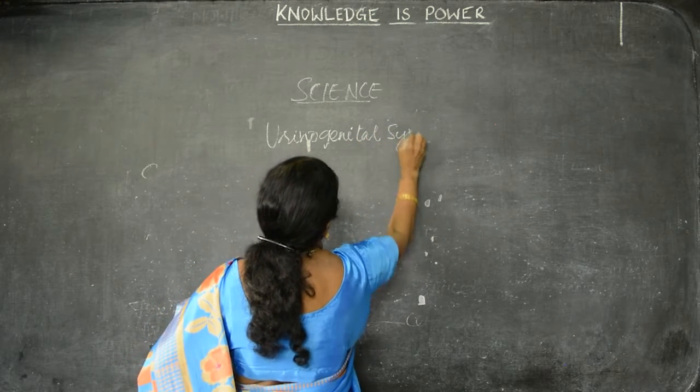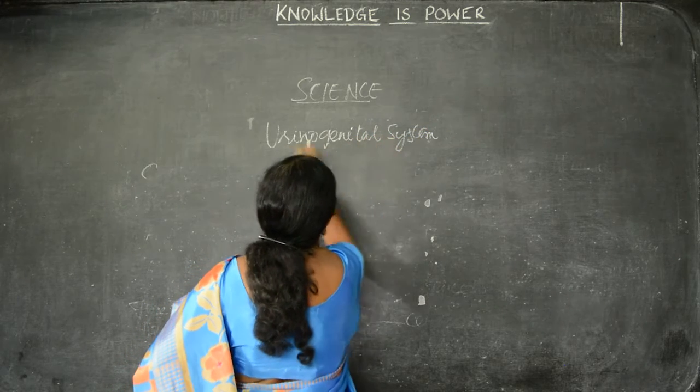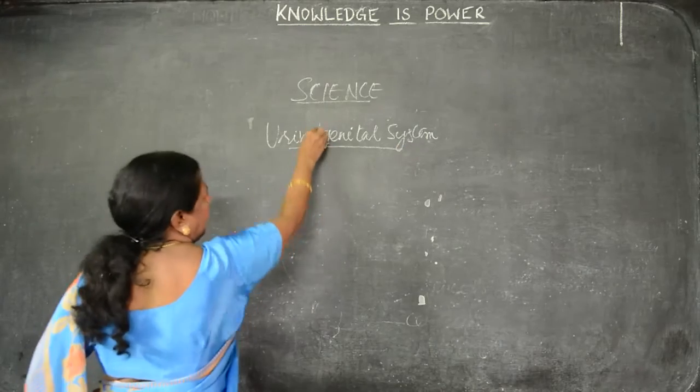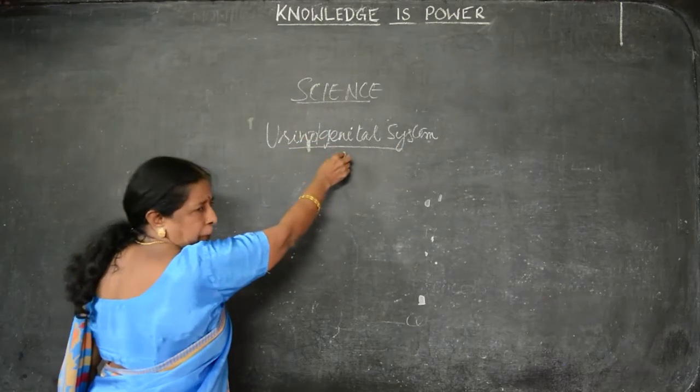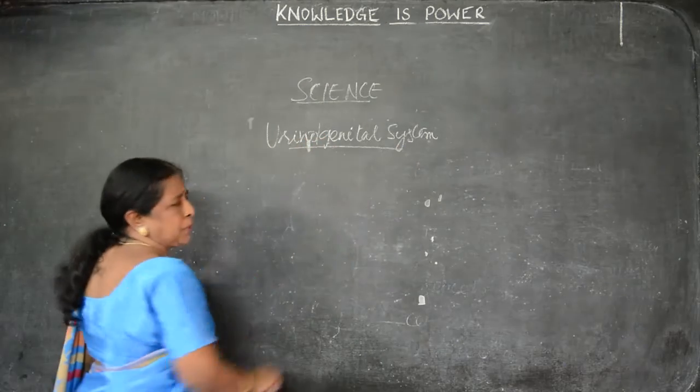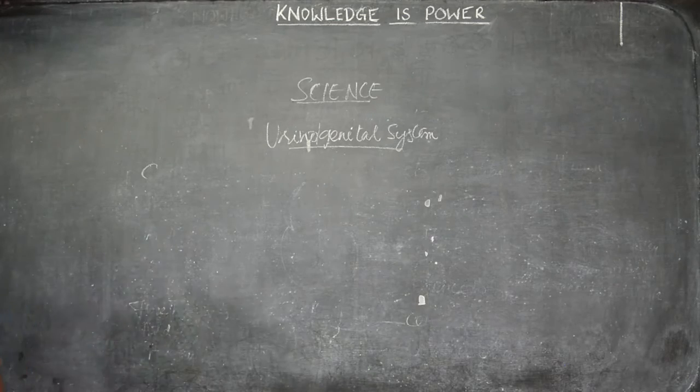Urino is the excretory organ, genital is the reproductive organ, both are connected together. So this system is known as urinogenital system.